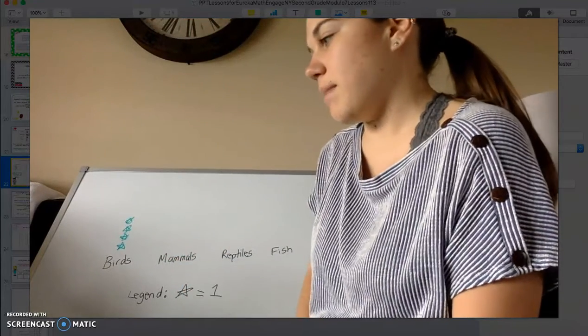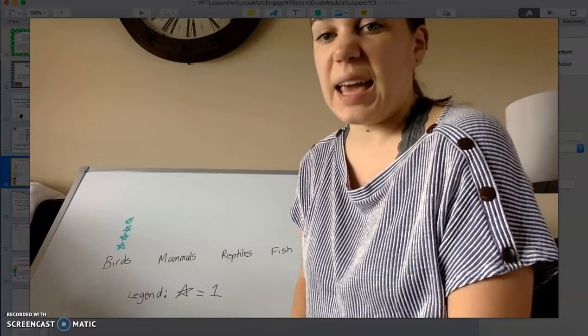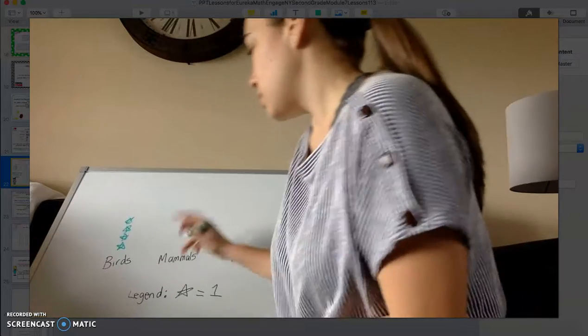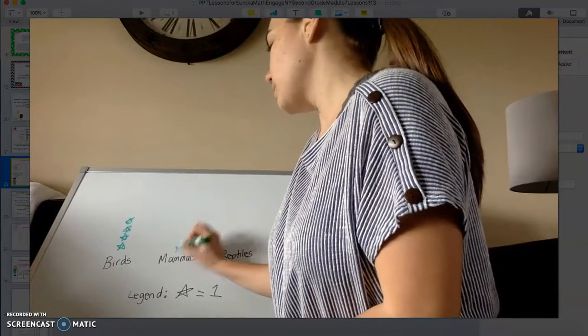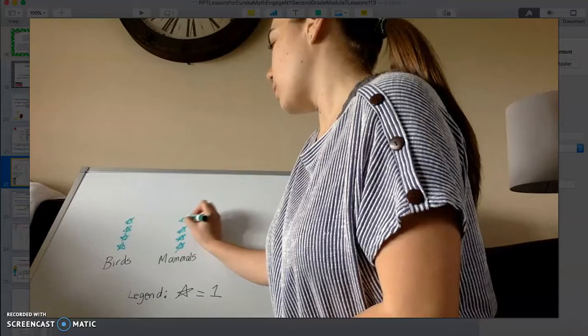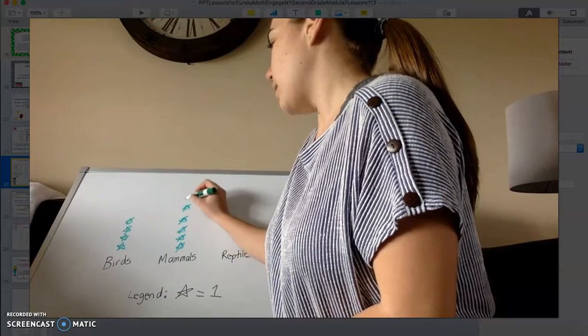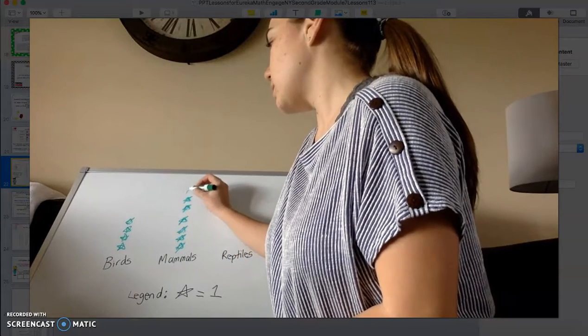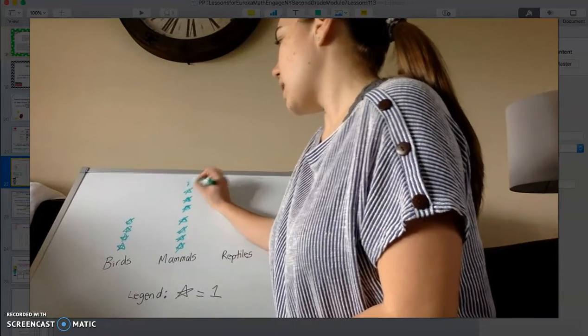Now I'm going to show our mammals. And they said that there was 8 mammals. So 1, 2, 3, 4, 5, 6, 7, 8.